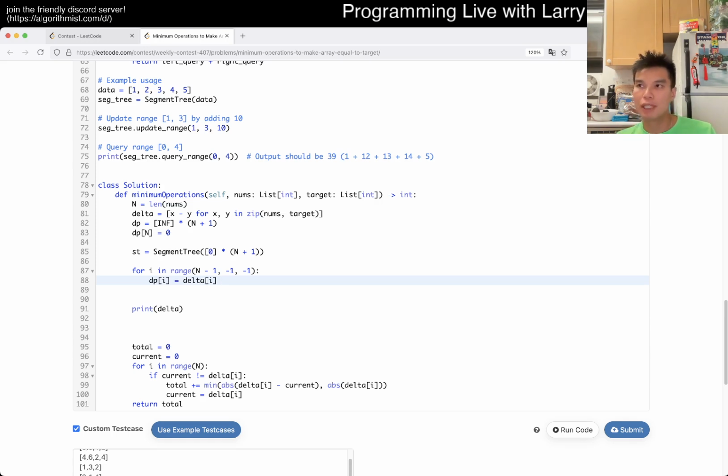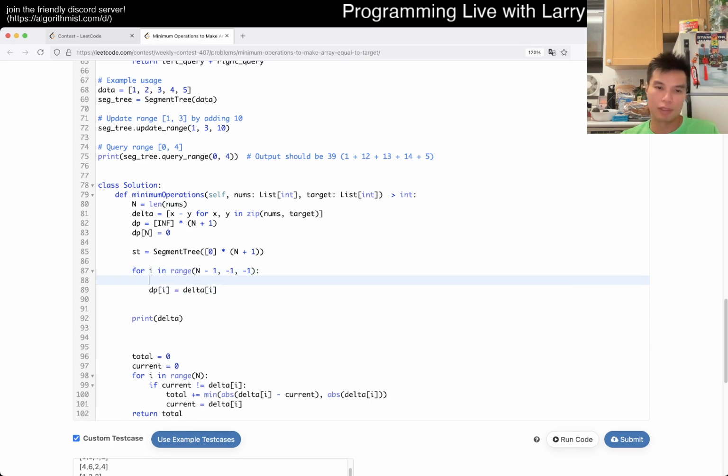So we want to update the rest of the tree with delta sub I, right? Maybe from I plus 1 to n plus 1 or n plus 1.